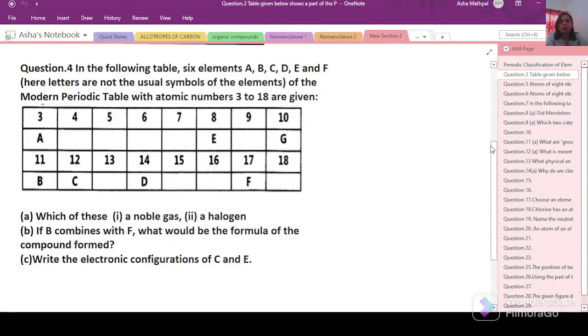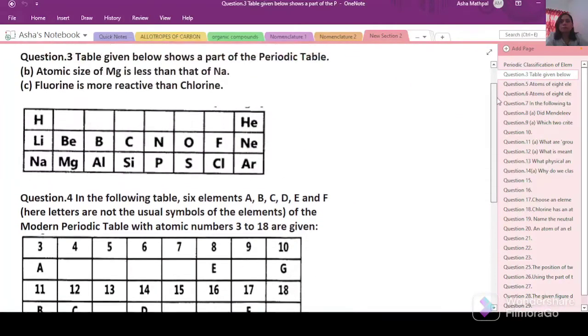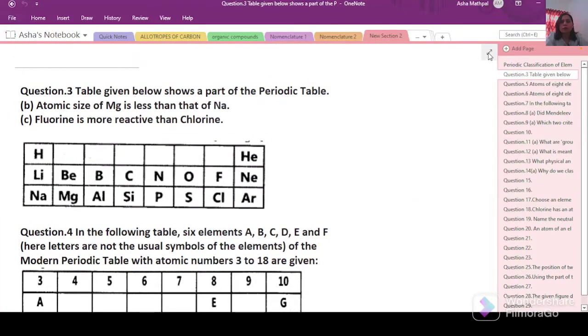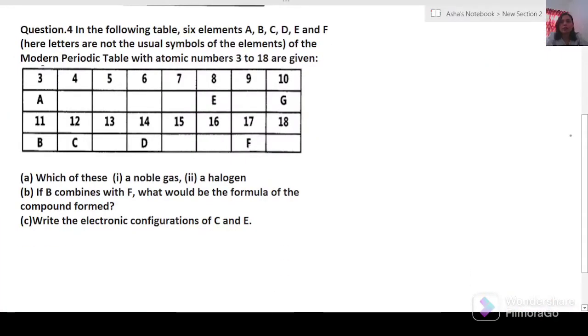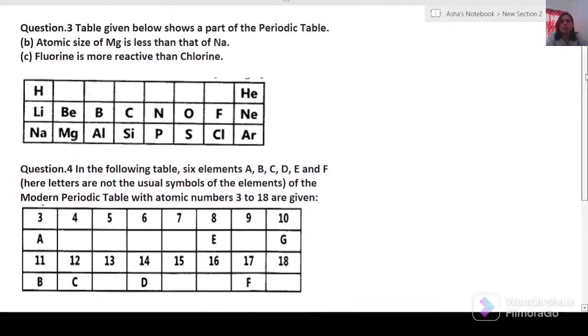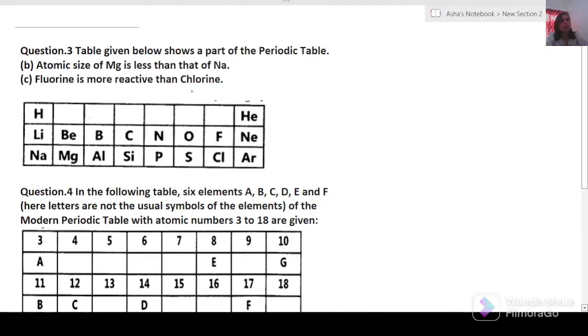Now question number 3. The table shown has a portion of the periodic table in it. Atomic size of magnesium is less than that of Na, right? This one we have already discussed. This is the first period, this is the second period, this is the third period.